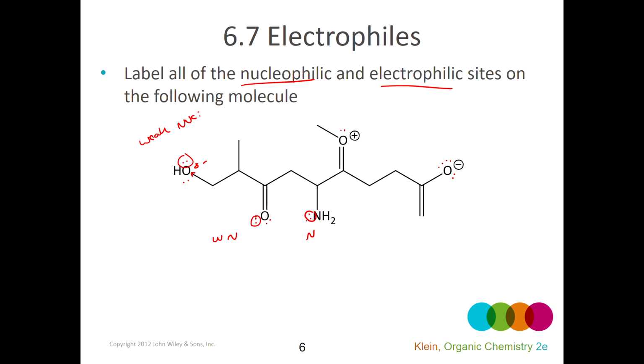Why is the lone pair on the nitrogen better than the lone pair on the oxygen for acting as a nucleophile? Well, if the nitrogen were to start sharing its electron pair with some electrophile, then the nitrogen would end up with a positive charge. If the oxygen were to do that, then the oxygen would end up with a positive charge.